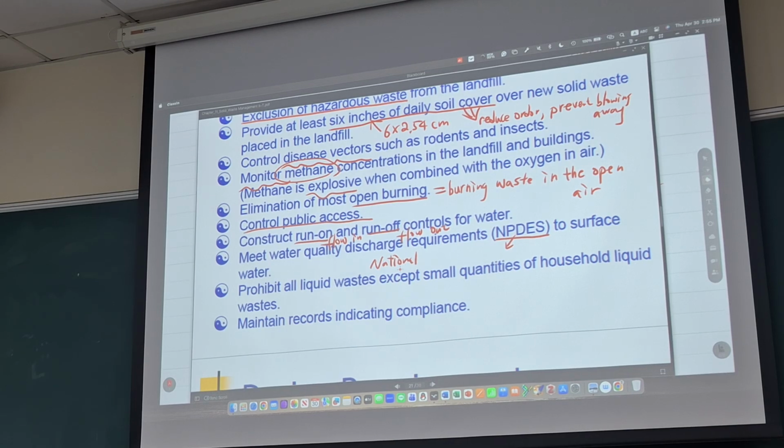National Pollutant Discharge Elimination System.